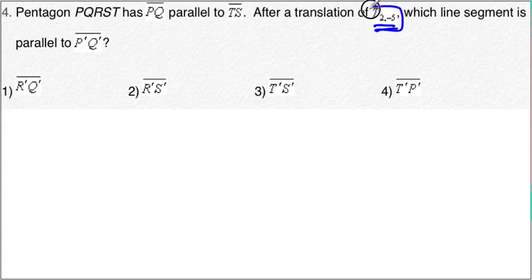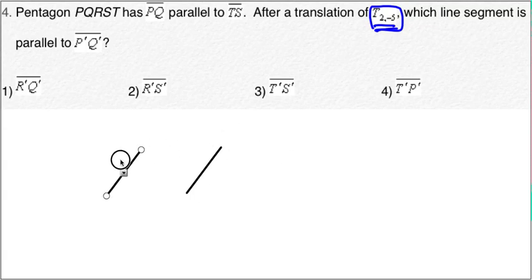Notice translation. When you translate any line segment, let me just show you for a second. If I have this line segment, translation here means I'm not going to reflect it, I'm not going to do anything but just move it around. In other words, if this one was the original, and I move it anywhere around, you will realize that the same line segment will always be parallel. You see?